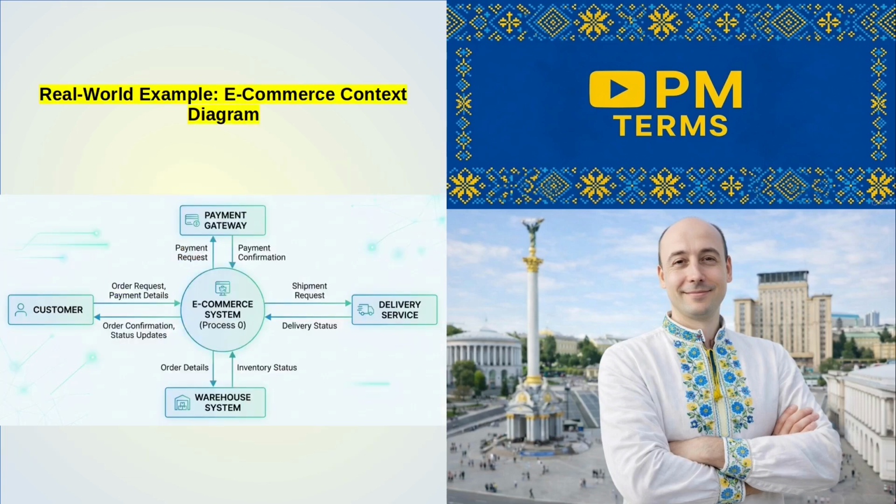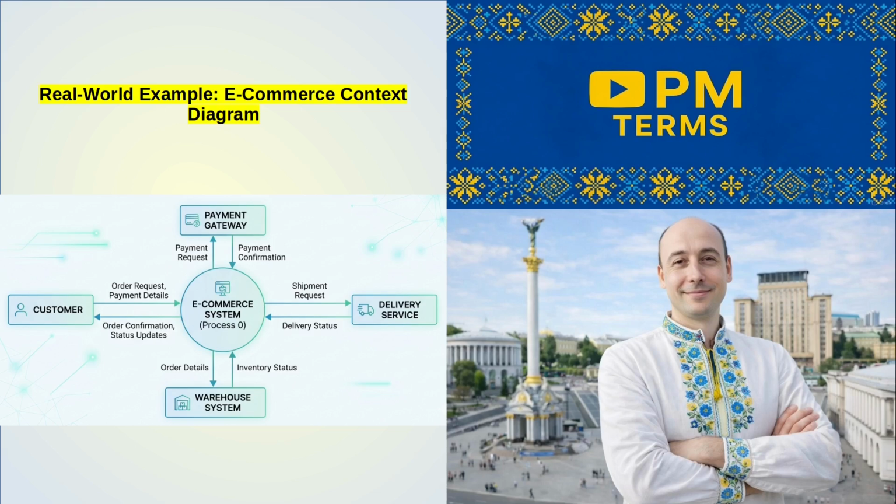Let's look at a practical example, an e-commerce platform. System: process zero, e-commerce system. External entities: customer, payment gateway, warehouse system, delivery service.